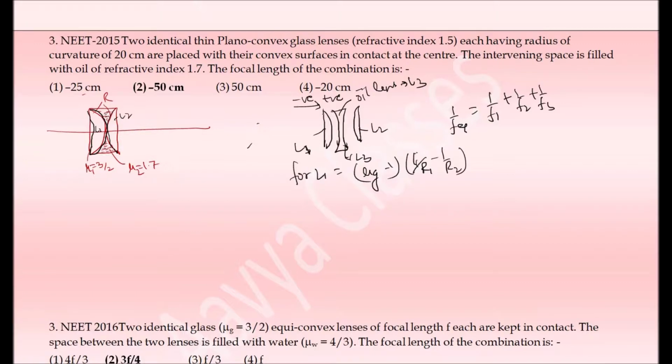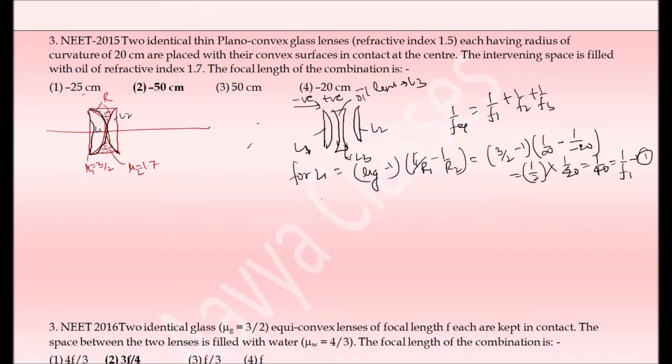For lens L1, the first surface has radius infinity and the second surface has radius equal to 20 centimeter with negative sign. So it's equal to (3 by 2 minus 1)(1 by infinity minus 1 by minus 20). So we get 1 by 2 into 1 by 20, that is 1 by 40. So 1 by F1 is equal to 1 by 40. This is our equation 1.